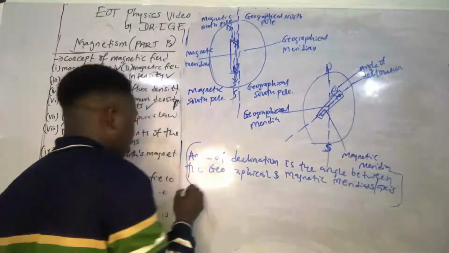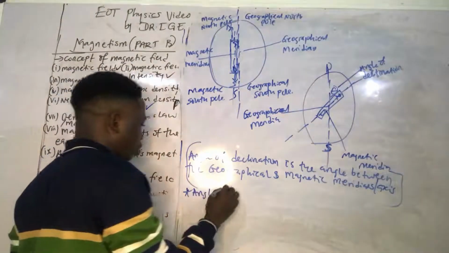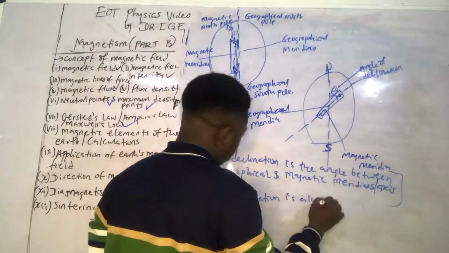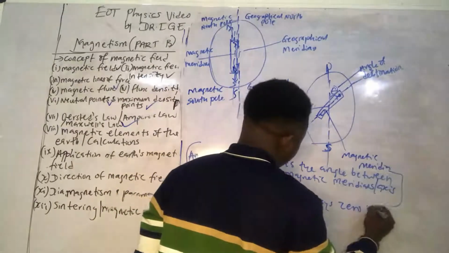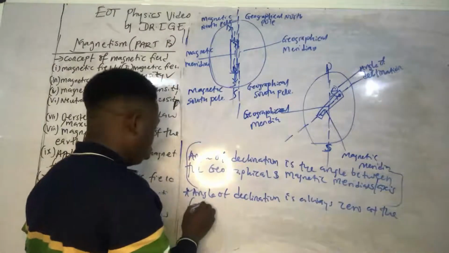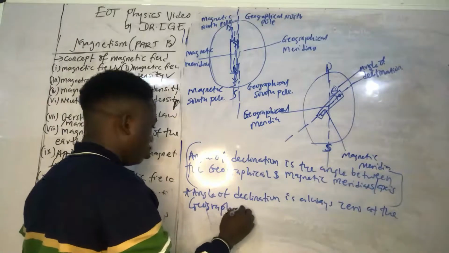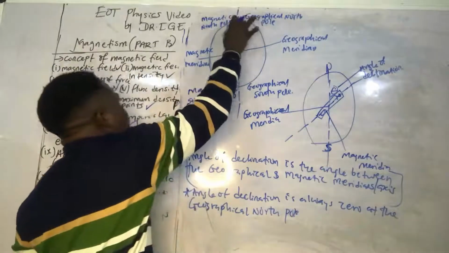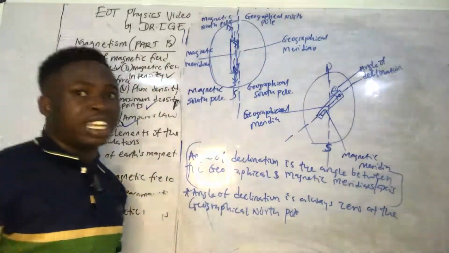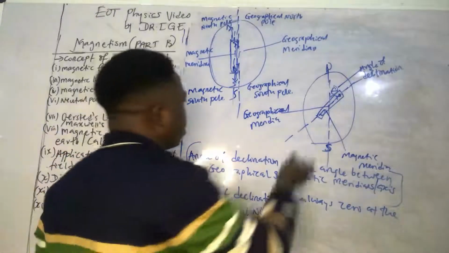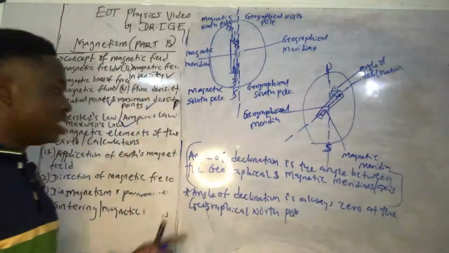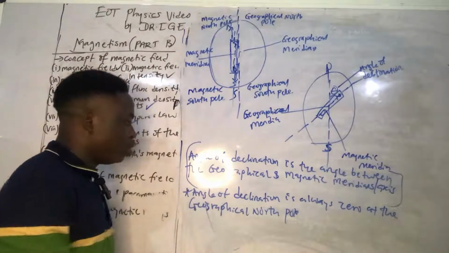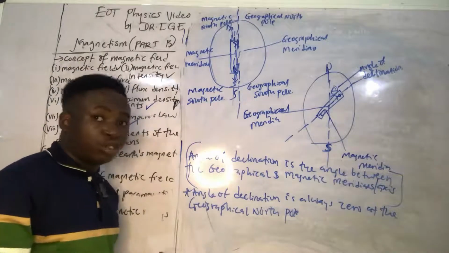So please take note that the angle of declination is always 0 at the geographical north pole. So at this point, when it's like this, there is no angle of declination. The reason why we have angle of declination is when the bar magnet is not straight. And the question is, why is it that that's how it is in some part of the earth at different times? Do you understand? So please remember that the angle of declination is always 0 at the geographical north pole.